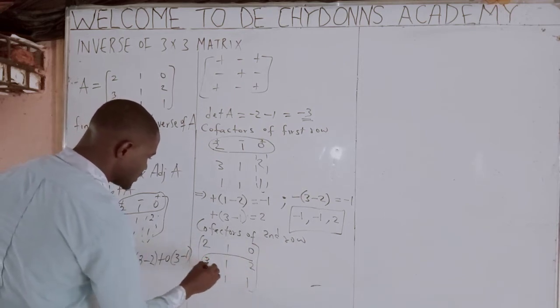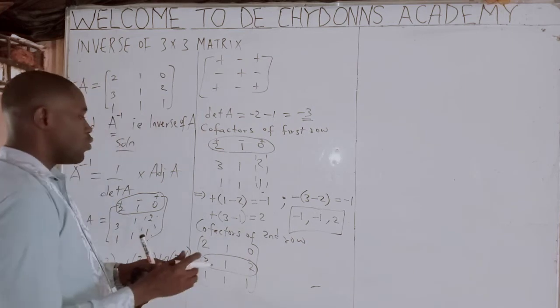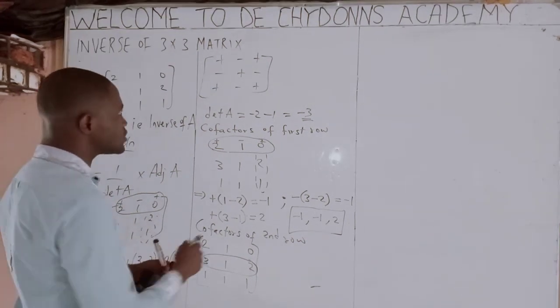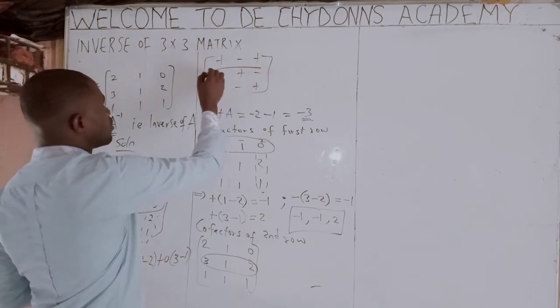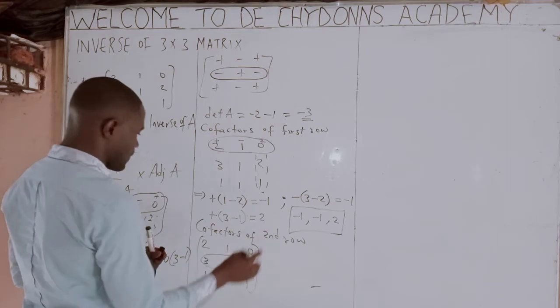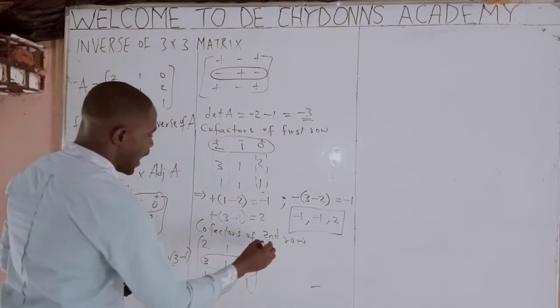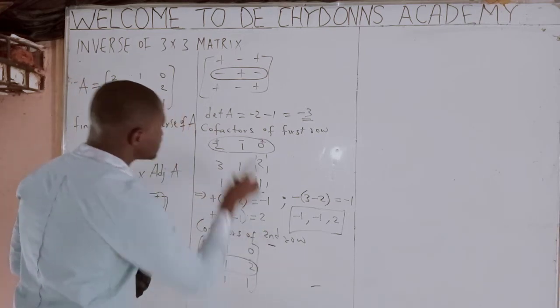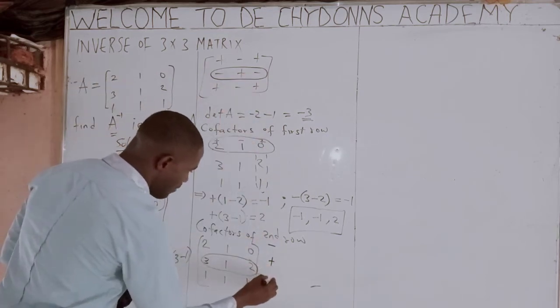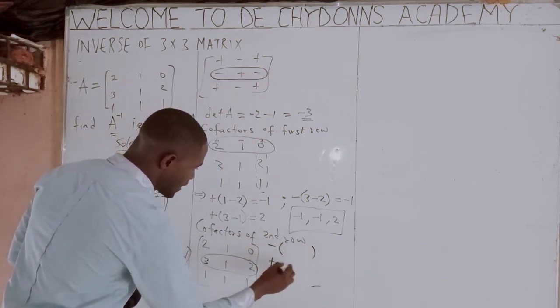Okay, we circle the second row. Once we circle the second row, we remember this is our second row. Look at their signs. I will say minus is the first, plus is its next, and minus. So I'll put my bracket.